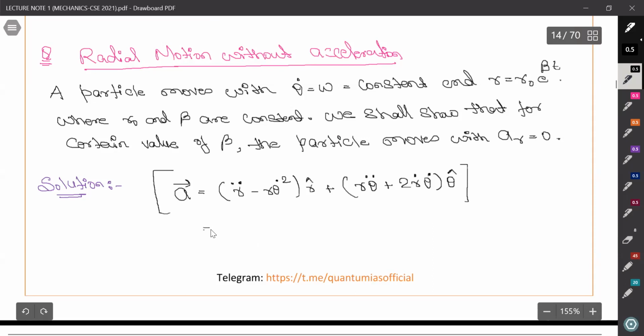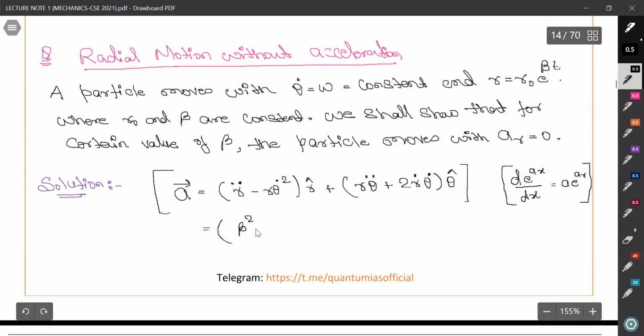So we can easily write r double dot, the differentiation of e to the power ax, for example. I hope you know that d of e to the power ax upon dx is a into e to the power ax, right? So if you use this, you can easily get this result.